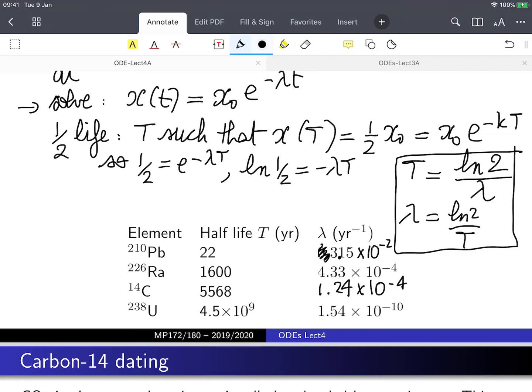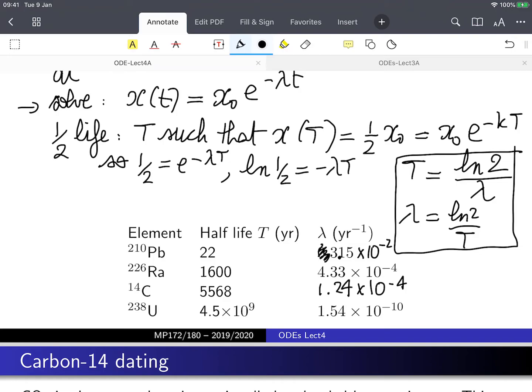Well, let's check them all then. Log of 2. I'm doing radium now. Yeah, that's what I get. And then uranium, 4.5 times 10 to the power 9. There's a shortcut for that.